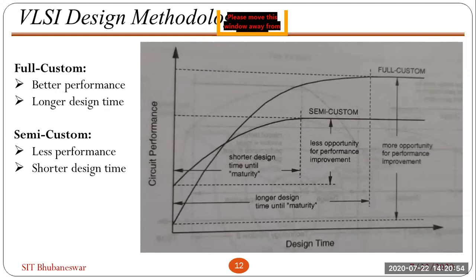It will invoke the gates, place them, route them, and check the performance. It's an automatic process. So it is possible to complete all the design, testing, and fabrication within a short span of time, but we get less performance compared to custom or analog design.